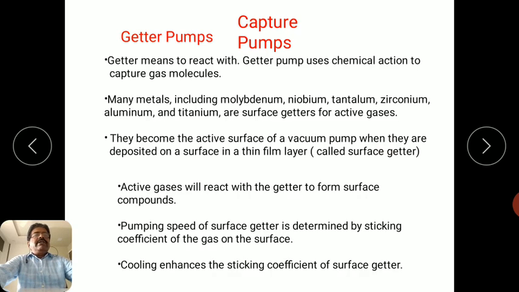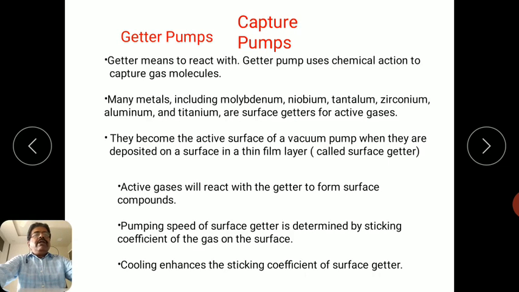The active gases present inside the chamber will react with the getter to form a surface compound. So it is a chemical action. The gas molecule will form some chemical compound with the metal used as a surface getter in the vacuum chamber.